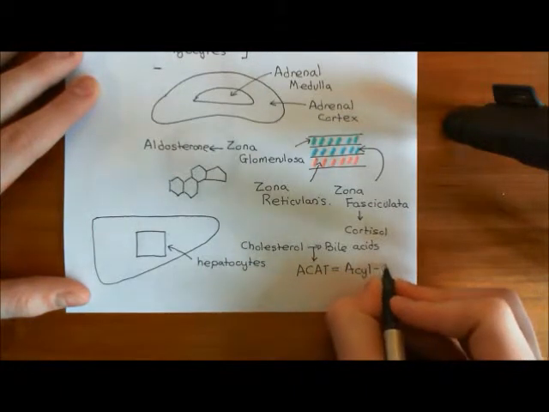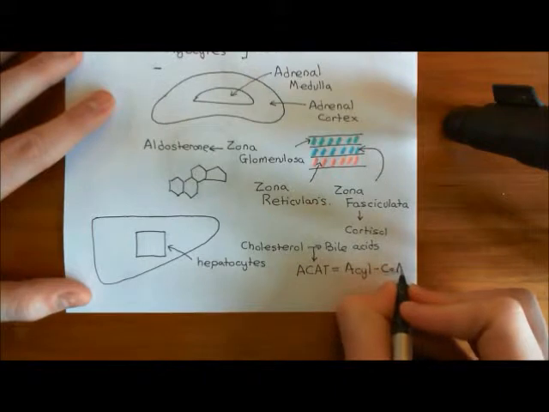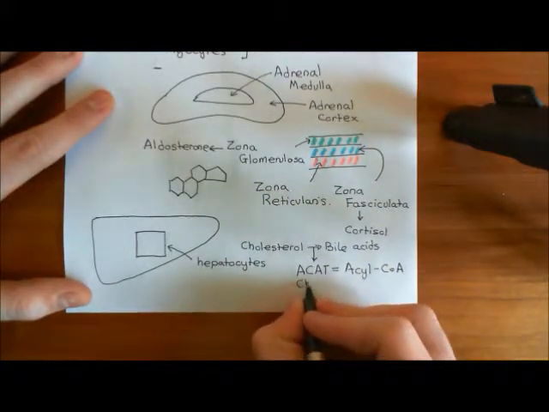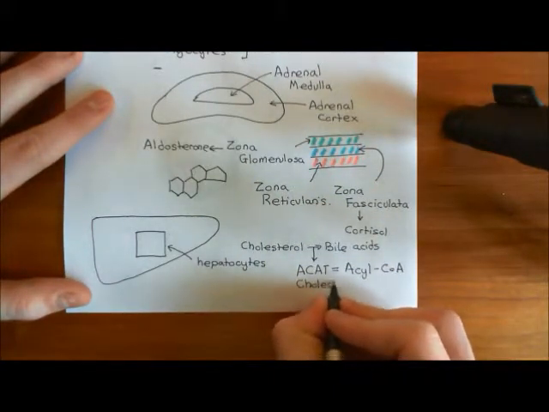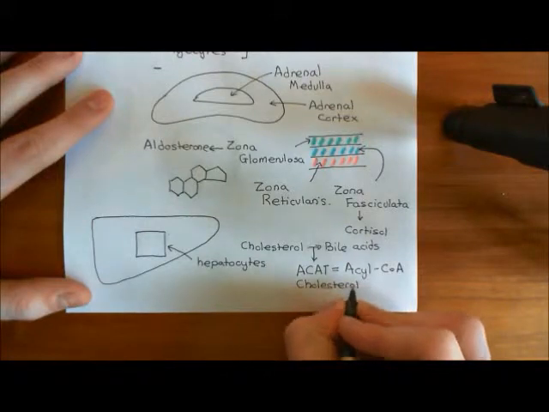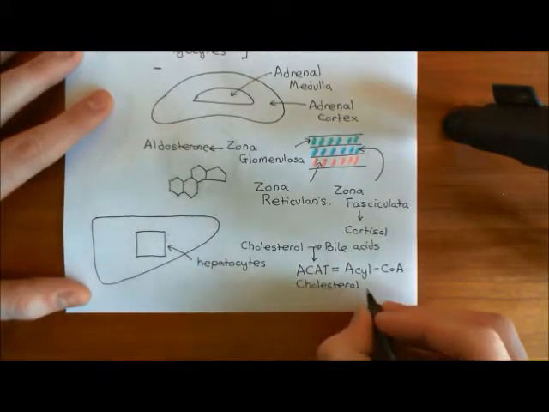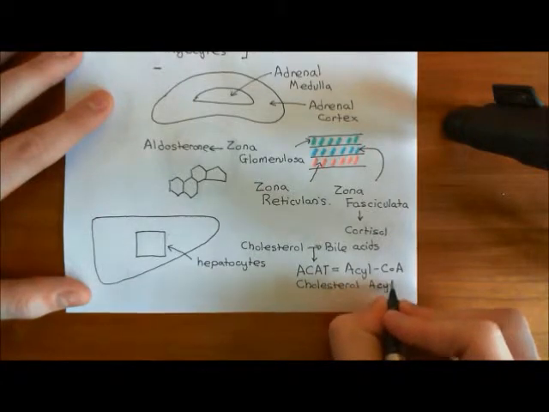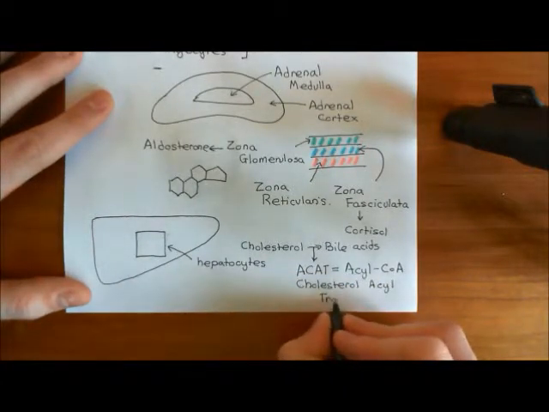So the first A is for acyl coenzyme A. The C is then for cholesterol, so the C is not for CoA, the A is for acyl-CoA. The C is for cholesterol, the A is for acyl, and then the T is for transferase.